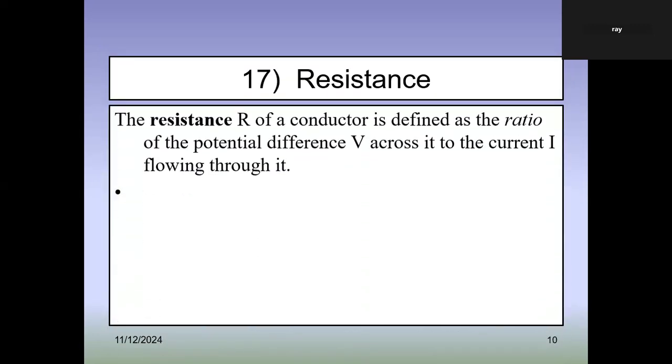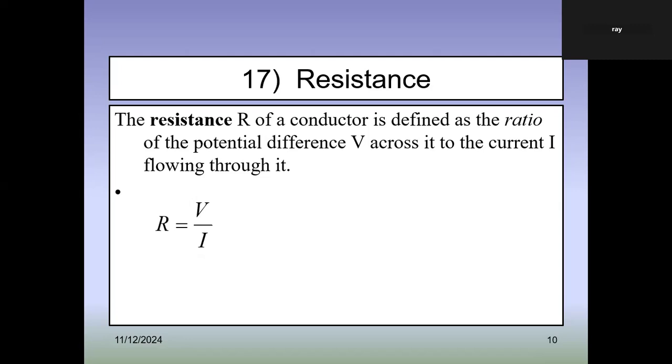Okay, resistance of a conductor is defined as the ratio of potential difference across it to the current flowing through it. Memorize. This one is the V equals IR one. Can you derive this using V equals IR? No, cannot. When it comes to definition, it's specific.